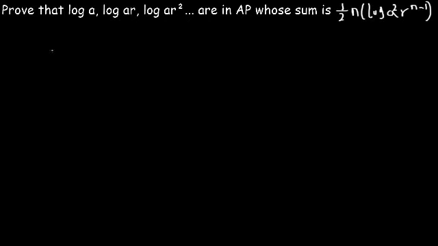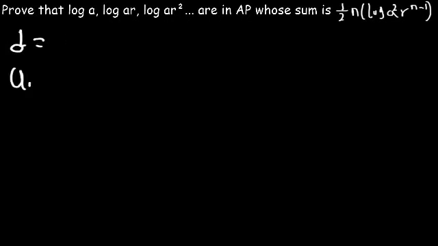Now let's begin. There's one more thing. We know that to get the value of d of an arithmetic progression, we just subtract the first term from the second term, or the second term from the third term, or generally speaking, the preceding term from the next term. So we are going to run a test in two cases. Let's get the value of d by subtracting the first term from the second term.